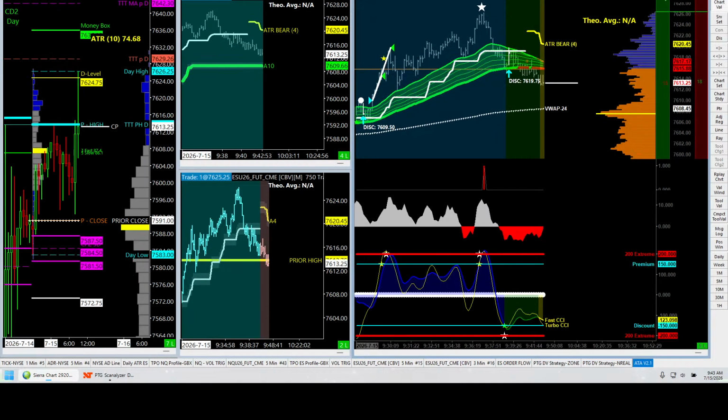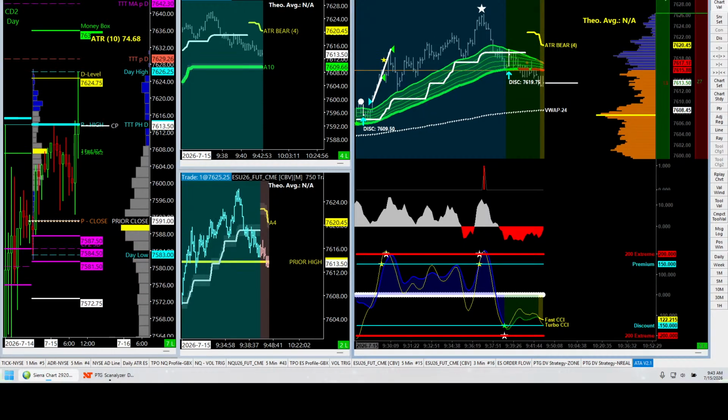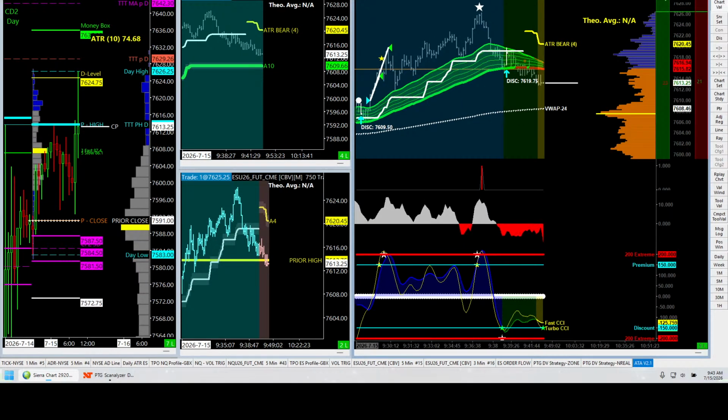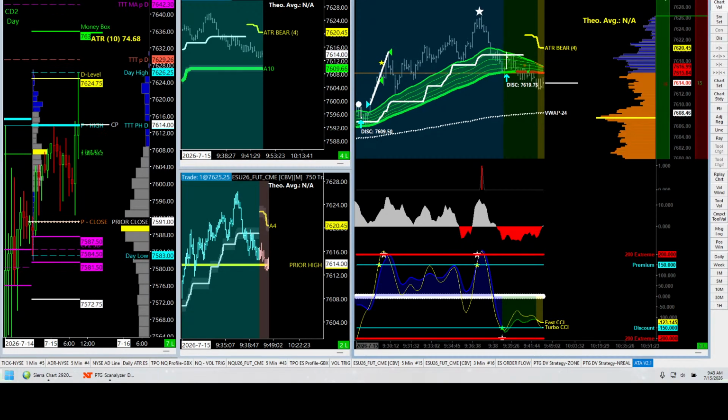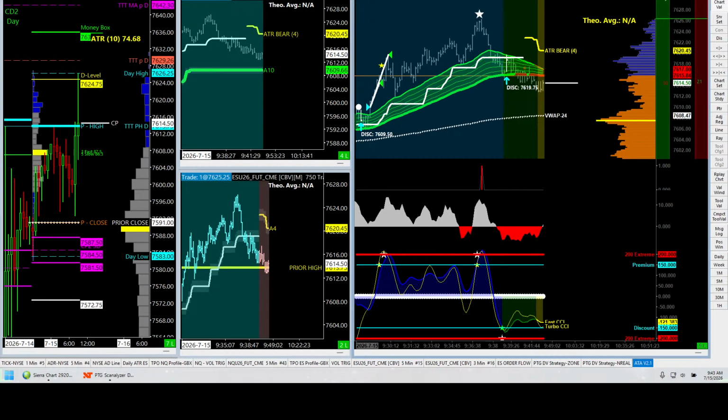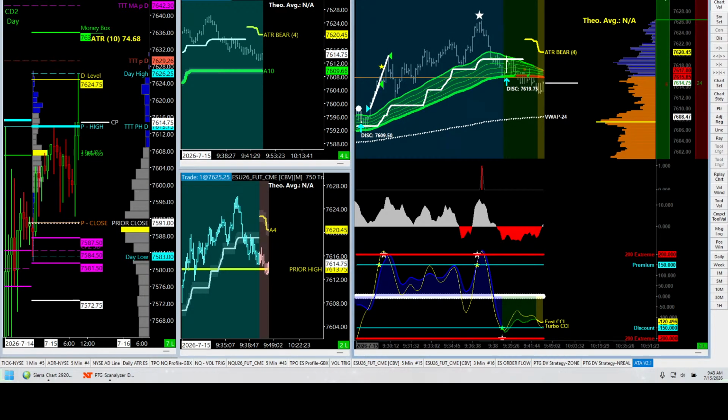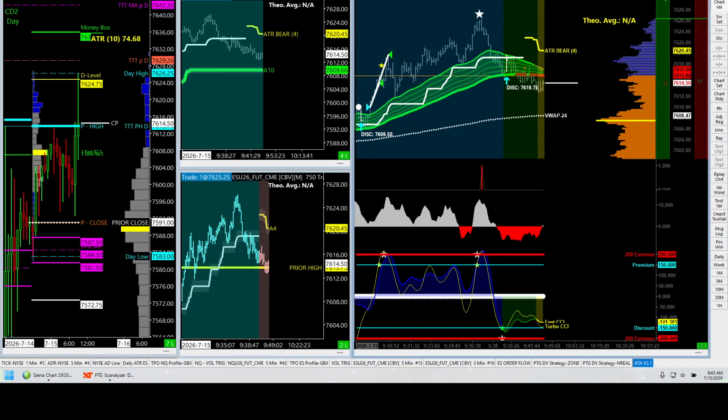So now, look at it this way: what happened here? Price pushed above the highs to do what? To clear out the buy stops. To do what? To find some liquidity. Everybody calls that the liquidity grab.